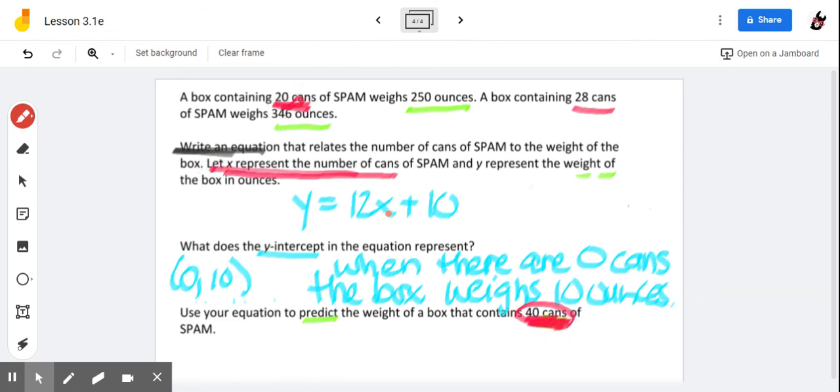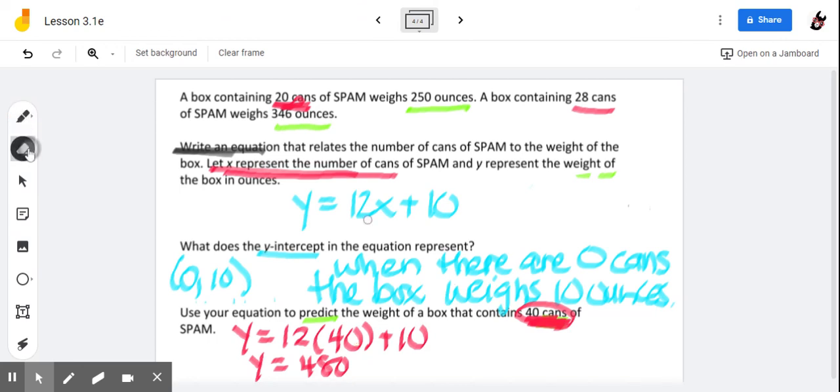So we're going to substitute that into our equation for X. So I do y equals 12 times 40 plus 10, and 12 times 40 is 480.